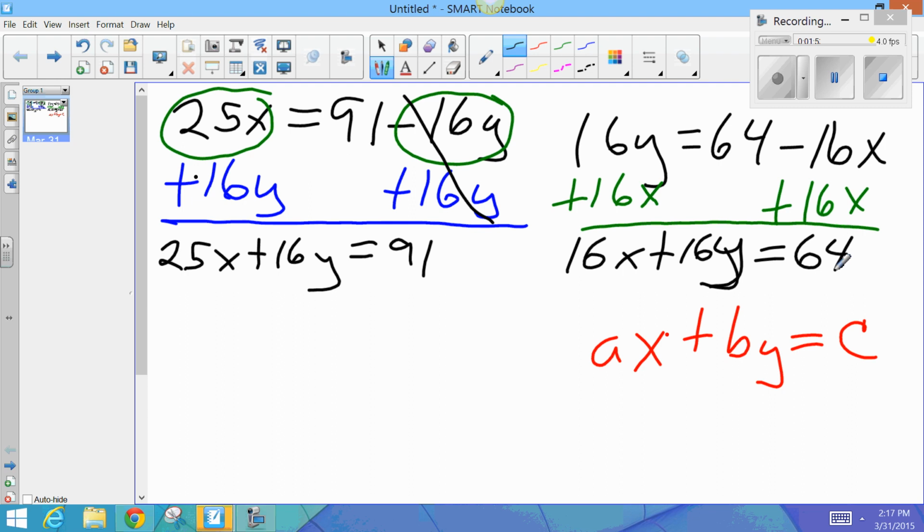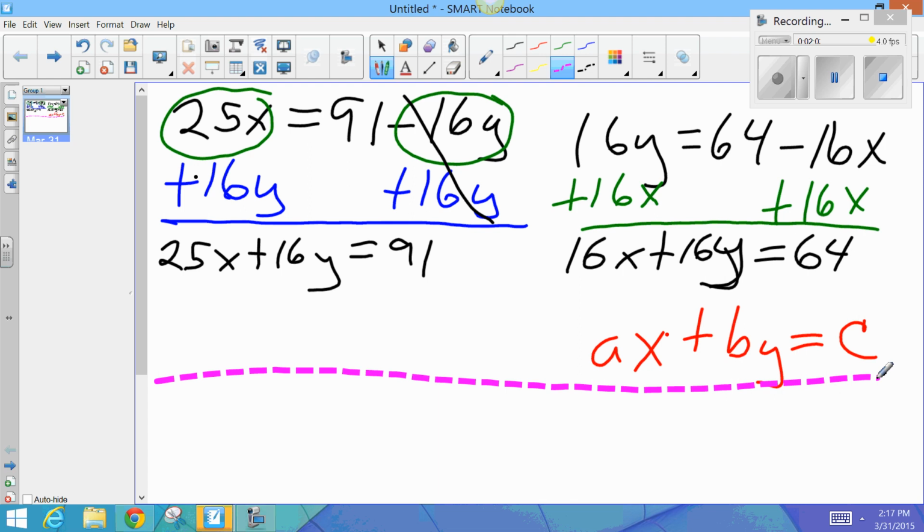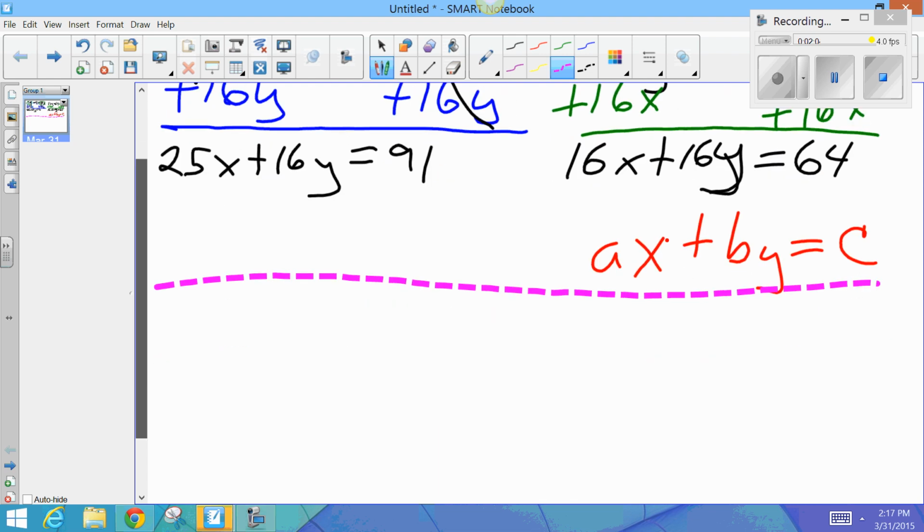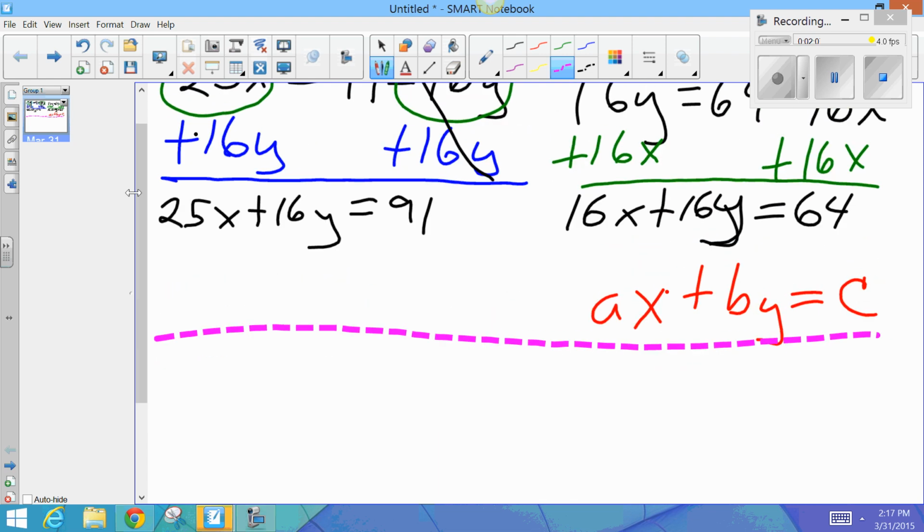Now for the elimination method, what you want to do is have the two equations on top of each other.